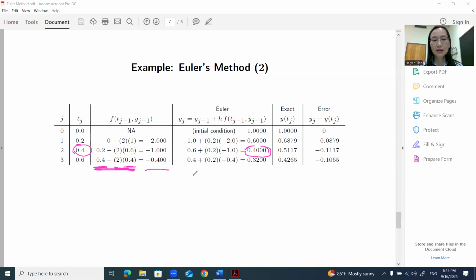Once you get that, after that you multiply the value of the slope function by the step size, 0.2, and then add y2. So this y2 will be added, and then this is the result for y3.